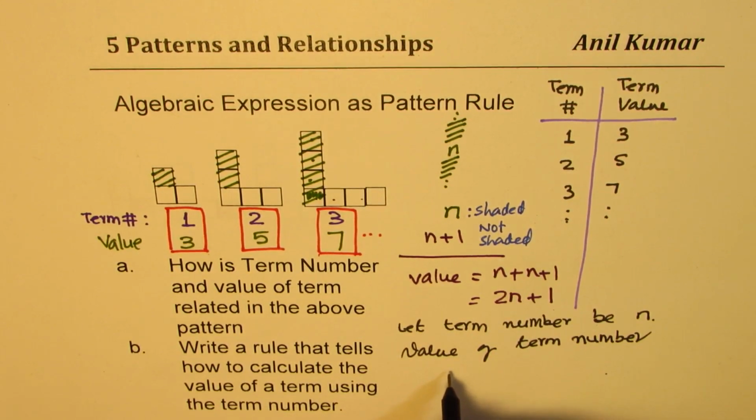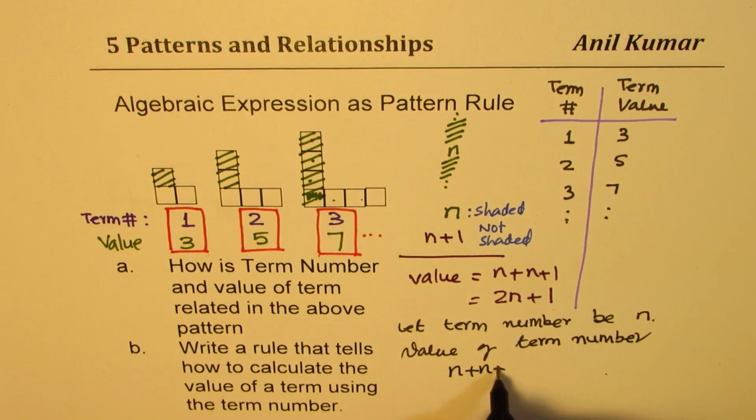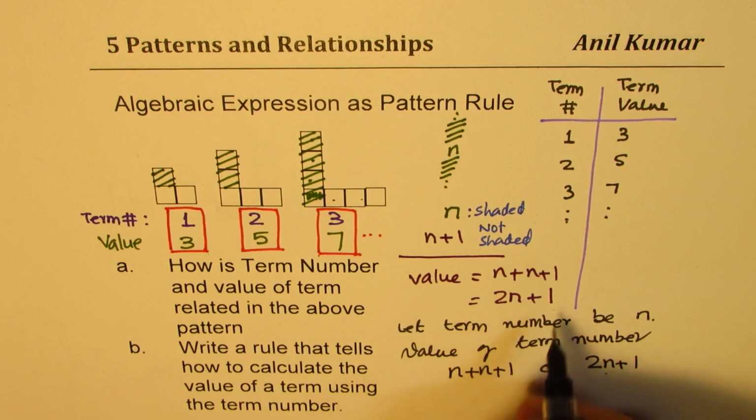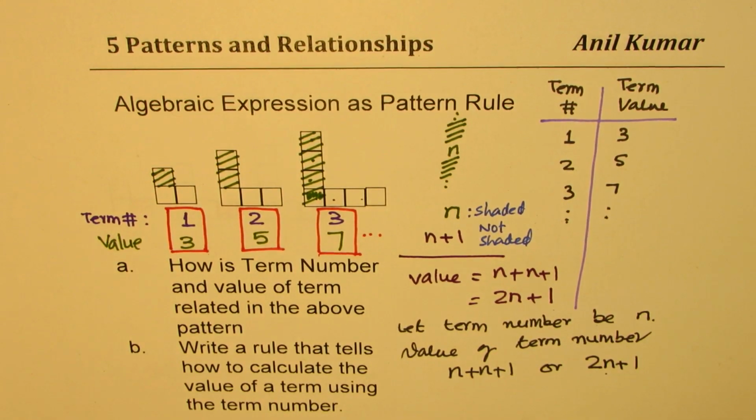You could write this as n plus n plus 1 or 2n plus 1. Do you see? Add these two n's, like adding 2 apples. You get 2 apples. Think like that. 2n plus 1. Perfect. So that becomes an algebraic expression for us. So this is the relation.